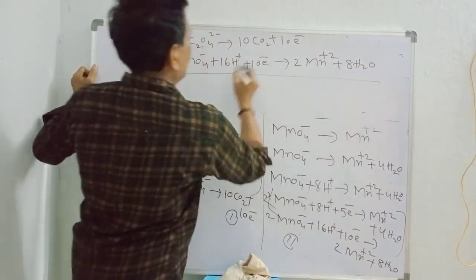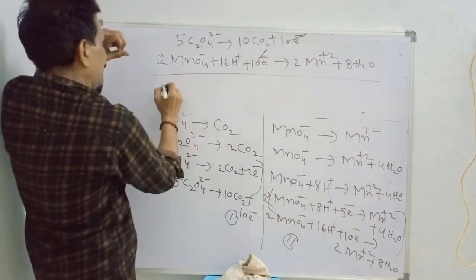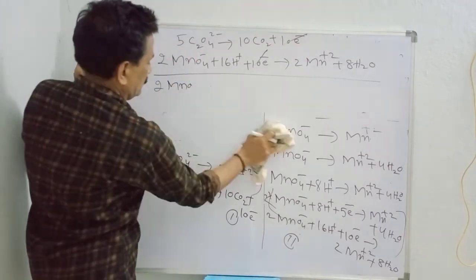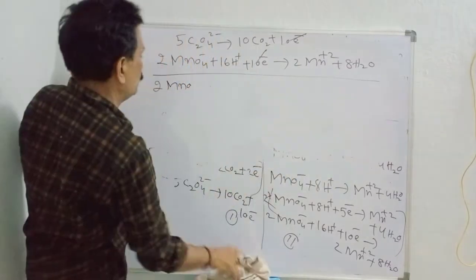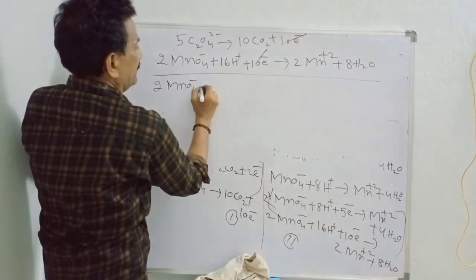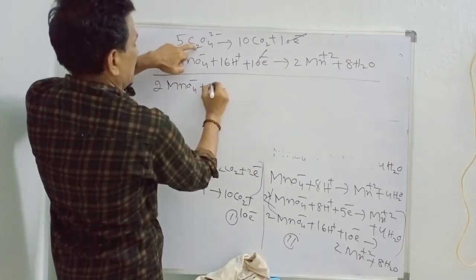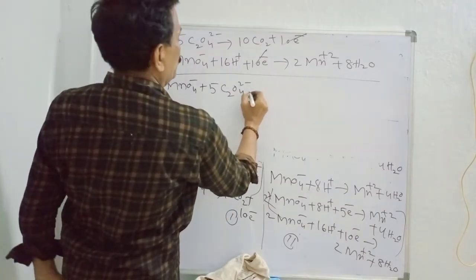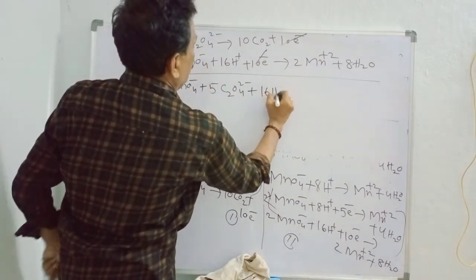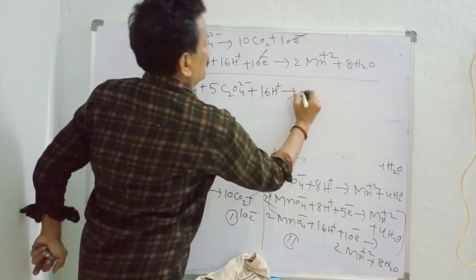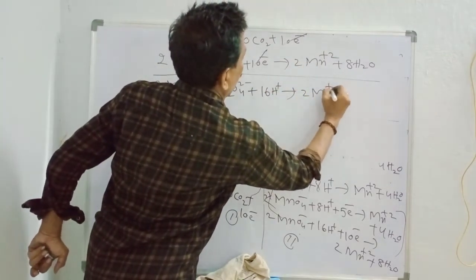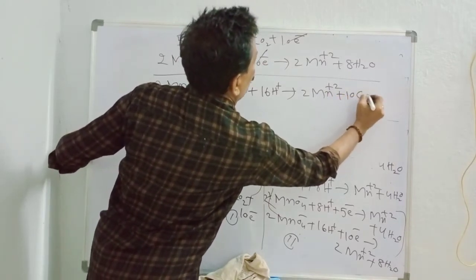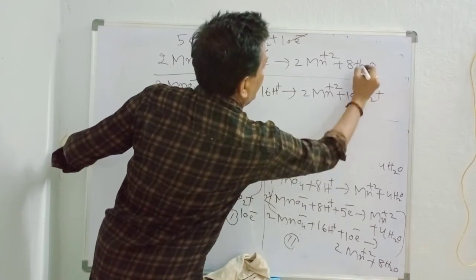Simply adding, 10 electrons cancel. 2 MnO4 minus plus 5 C2O4 2 minus plus 16 H plus gives 2 Mn 2 plus plus 10 CO2 plus 8 H2O.